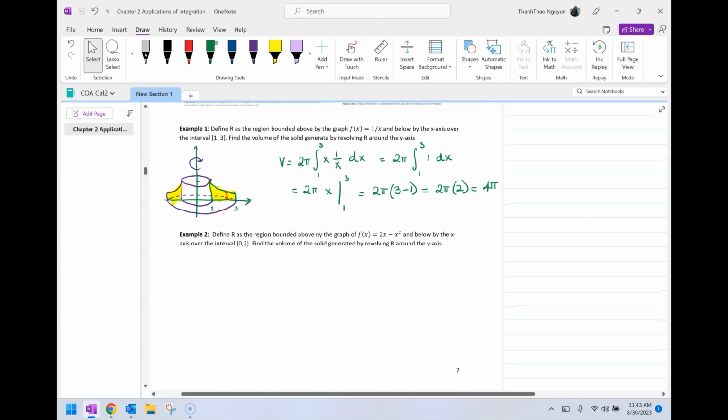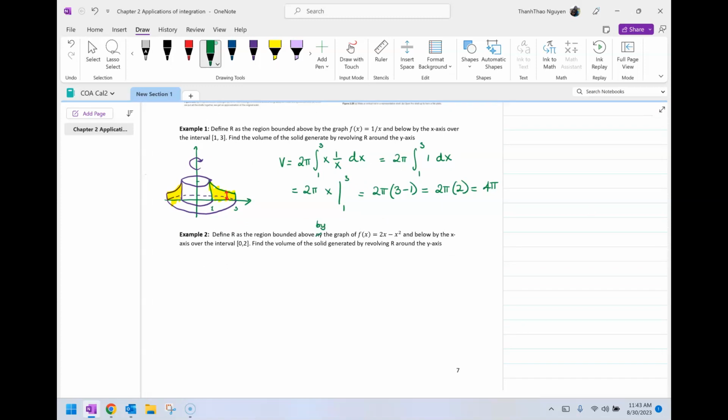Define R as the region bounded above by the graph of f of x equals 2x minus x squared, below by the x-axis over the interval 0 to 2, and we want to find the volume of the solid revolving R around the y-axis.